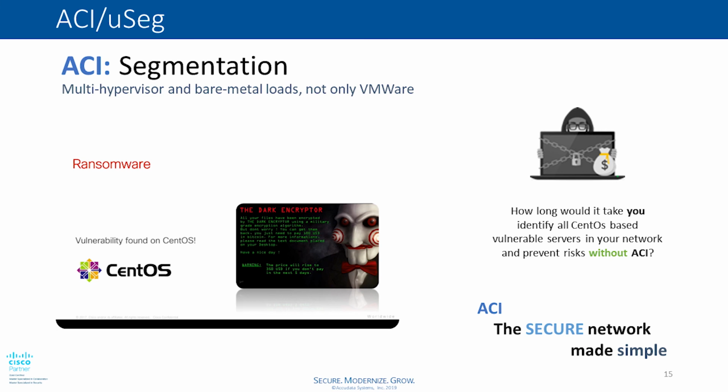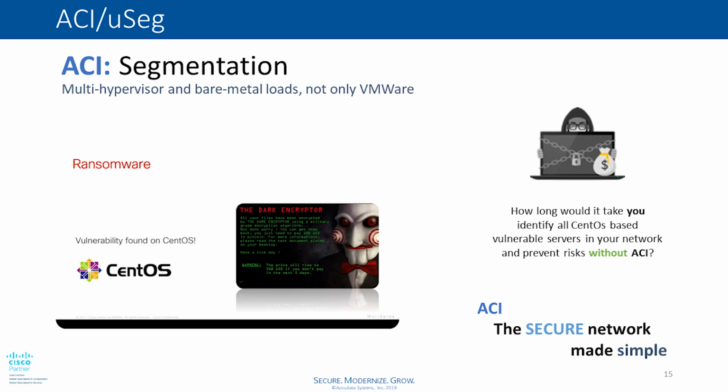So ACI segmentation, how does it work? First thing is ACI segmentation is multi-hypervisor and bare metal, not only VMware. So let me give you an example. For a ransomware that affects CentOS, whenever CentOS announces that there is a vulnerability found, it happens that in your environment you have more than 500 virtual machines, and probably out of those 500, 300 are running the CentOS operating system.